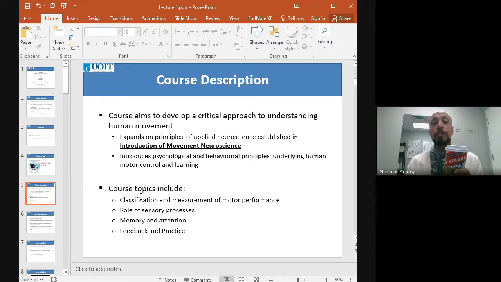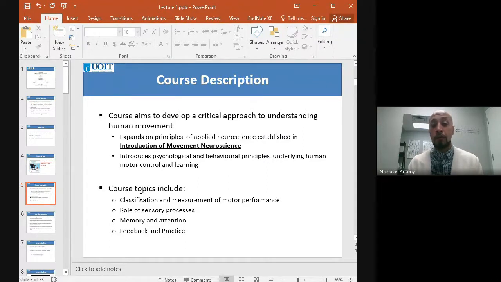So research started, and you'll learn this, out of psychology or behavioral psychology, looking at how we need to come up with a field that will analyze human movement, and we have to figure out how to analyze it. And then the second thing is that if you have two people picking up a cup to drink out of it, how do you know one is better than the other?